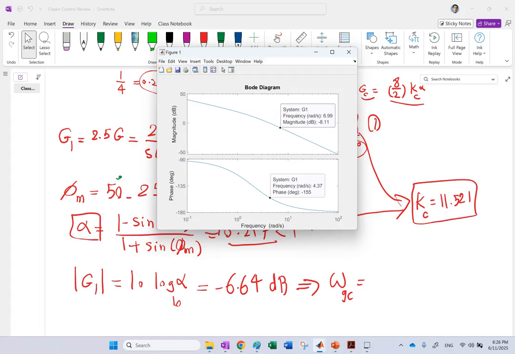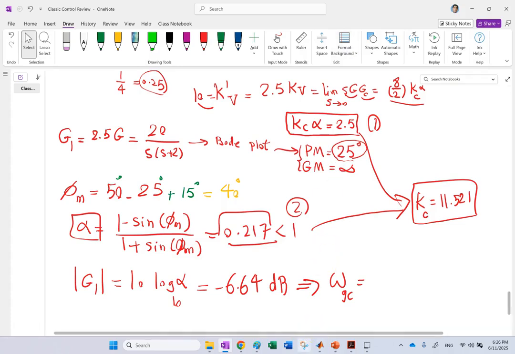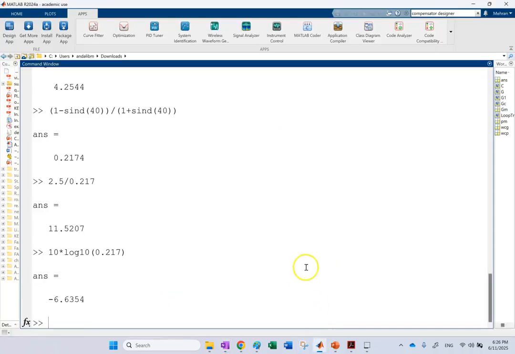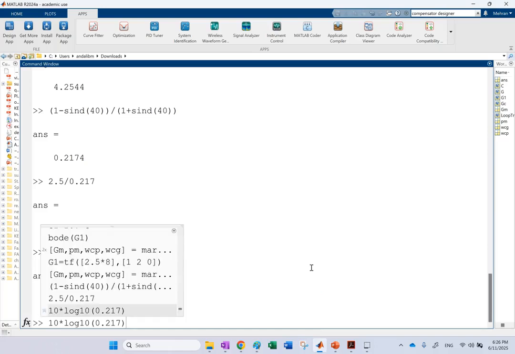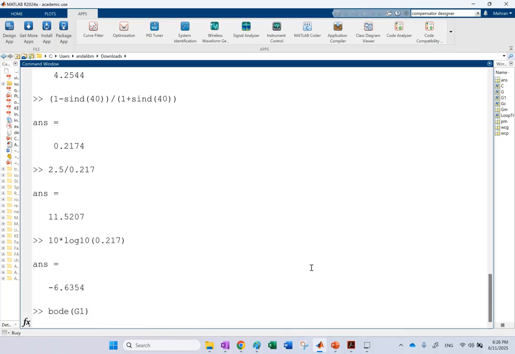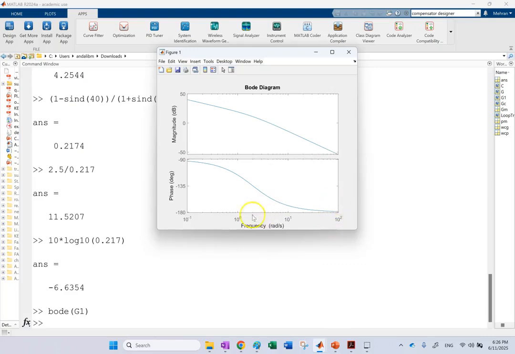Now, if you want to get better results, because here it jumps big time, what you can do is you can basically generate a lot of frequencies and do the Bode plot with a lot of frequencies. Look here, when I do Bode of G1, the frequencies it generates is between 0.1 and 100, and probably it is only using maybe 20-30 frequencies.